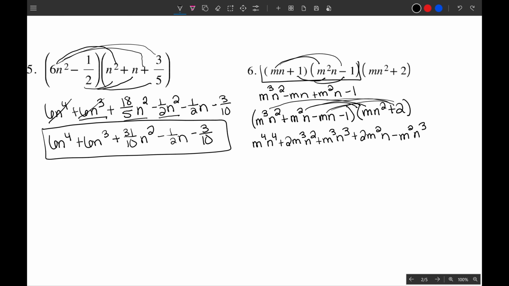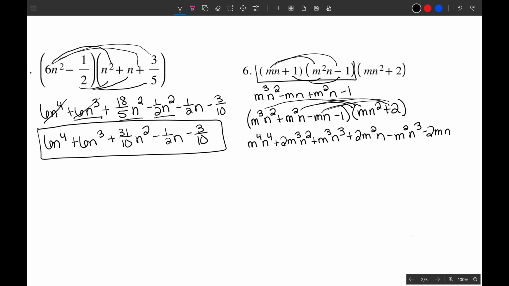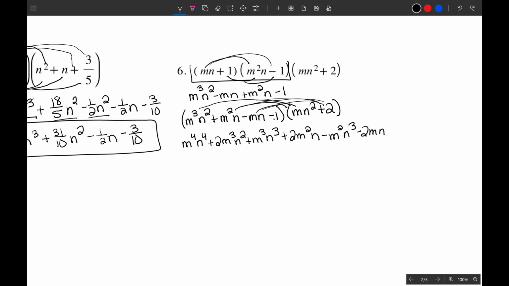And negative mn times 2 is negative 2mn. Then we have negative 1 times mn squared is negative mn squared. And negative 1 times 2 is negative 2. So I have a degree of 8, 5, 6, 3, 5, 2, 3, 0.